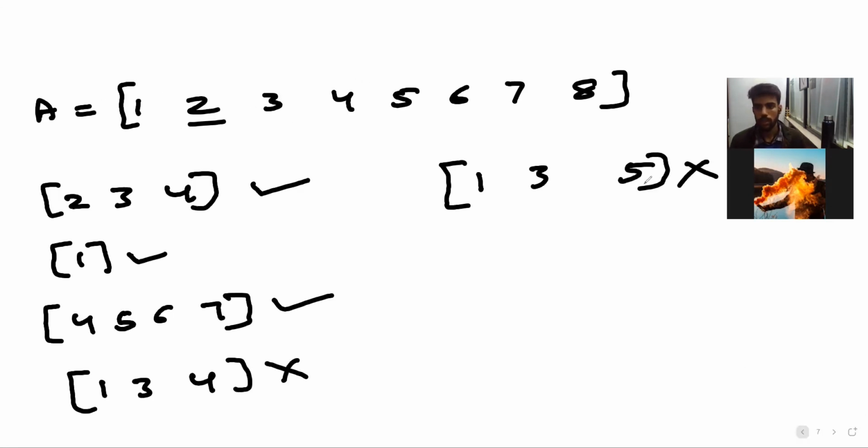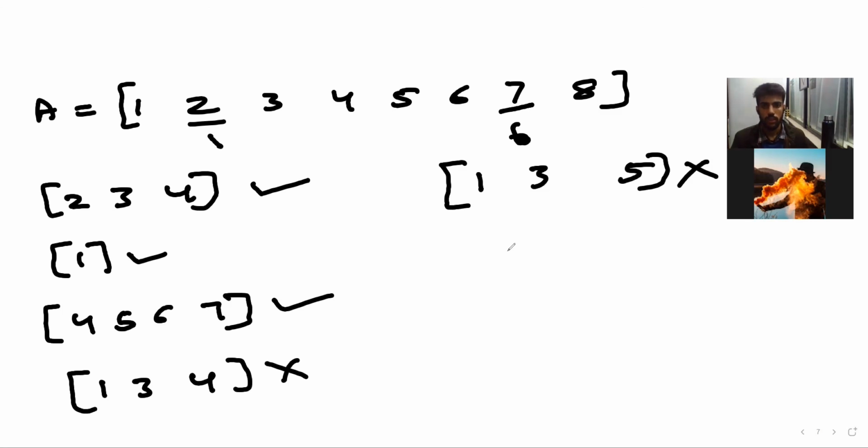Wouldn't it be instead of L over 2, say the index L is given to you. Let's take this example. Not the L, but the size of the subarray. So this is 1, 0, 1, 2, 3, 4, 5, 6, 7.